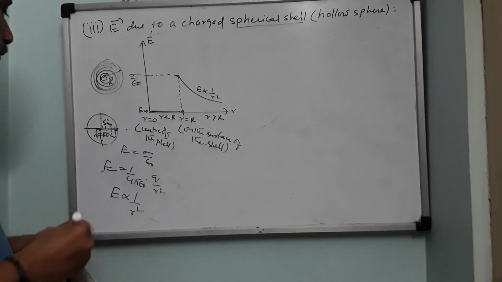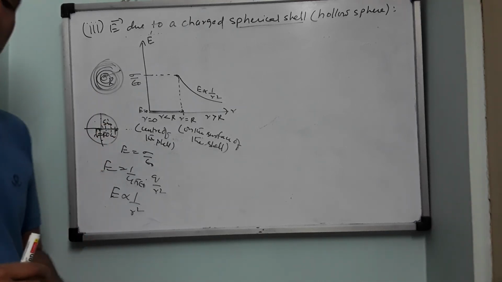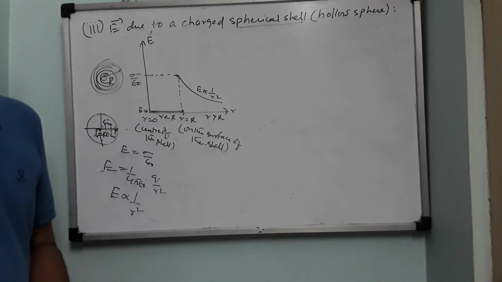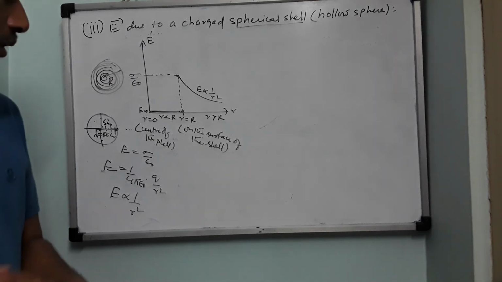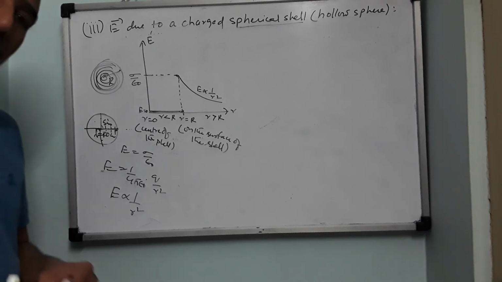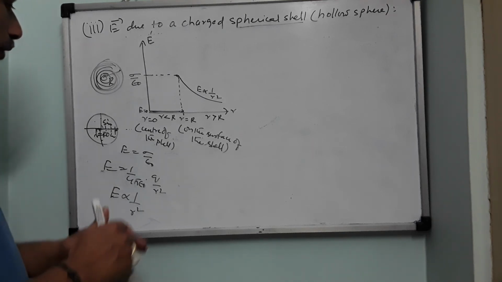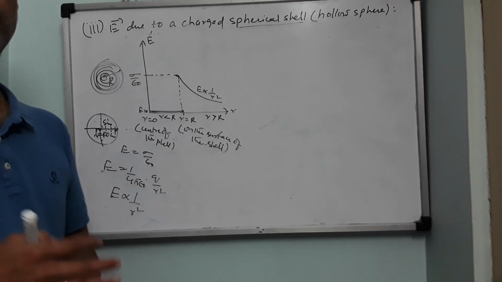We have so many applications for the electric field inside the shell being 0. That is nothing but electrostatic shielding. This we will discuss in the second chapter, that the electric field inside the cavity is 0.